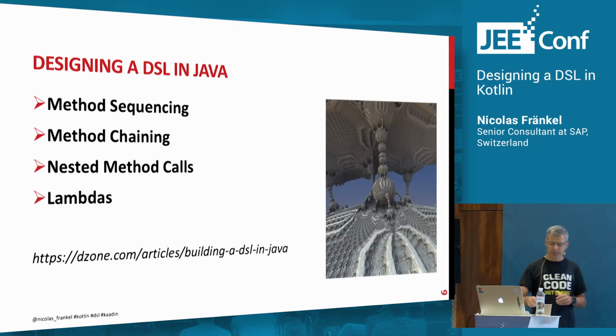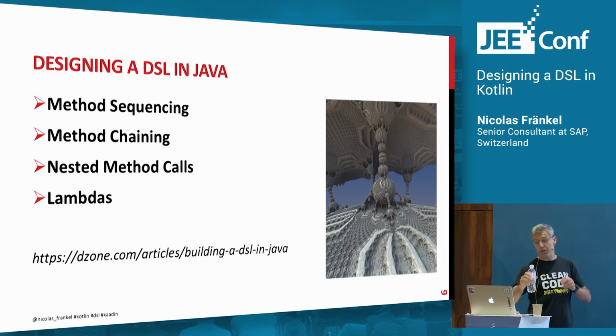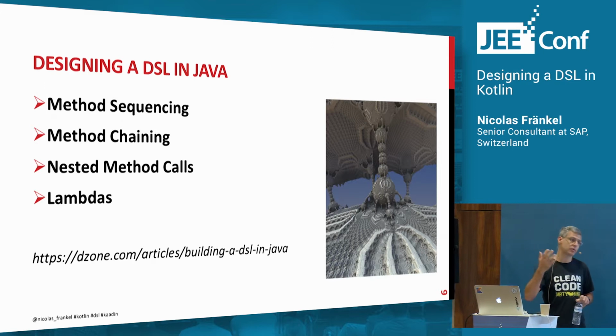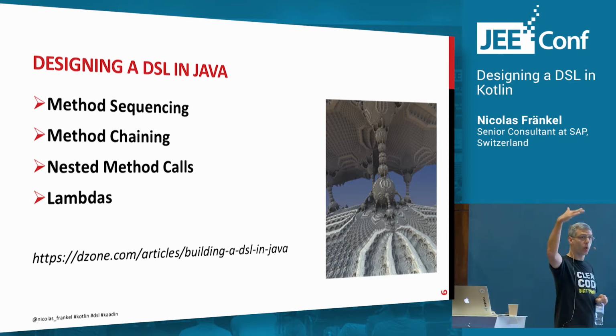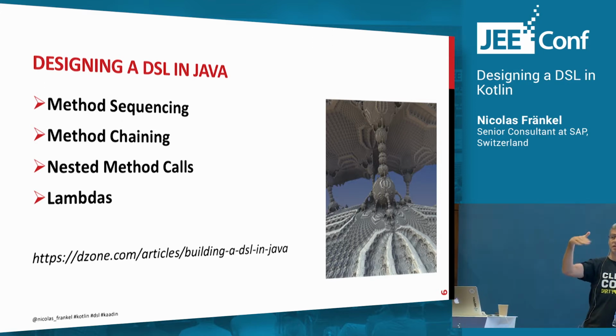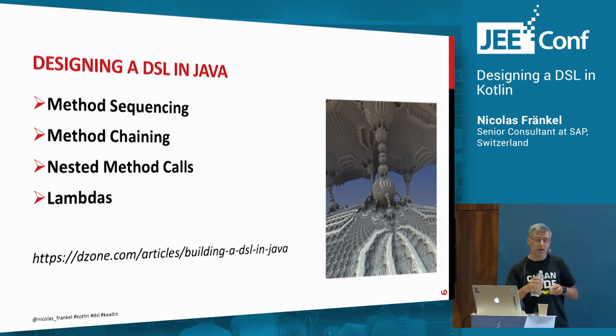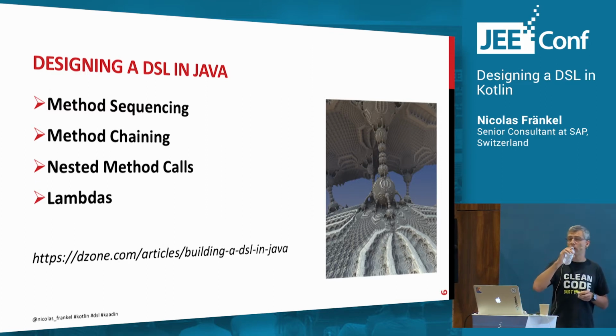So in Java, there are already a few methods to create a DSL. Basically, the easiest is to call each method in sequence. It's not really a DSL, but it gets the job done. The second way is to have method chaining.